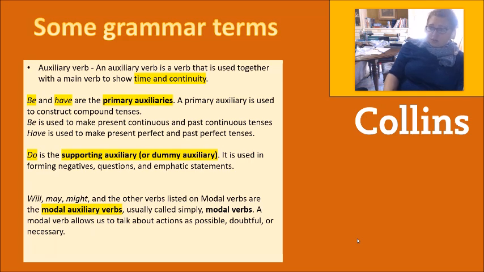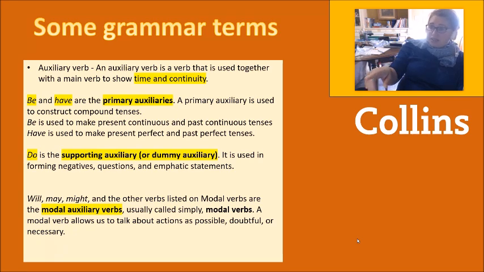What is an auxiliary verb first? An auxiliary verb is a verb that is used together with a main verb to show time and continuity. And this is very important because time gives us present, past, and future tenses, while continuity gives us simple, progressive, and perfect tenses.